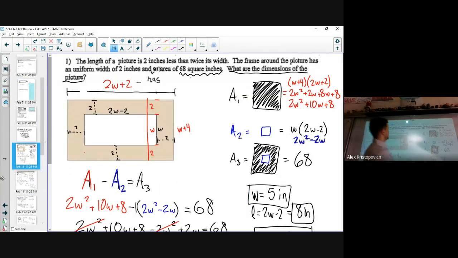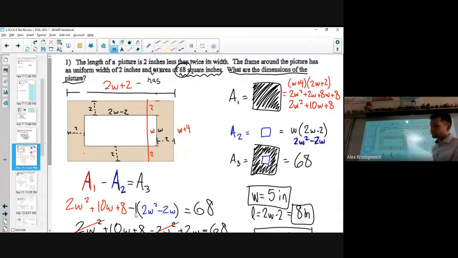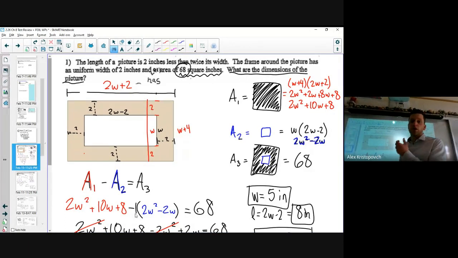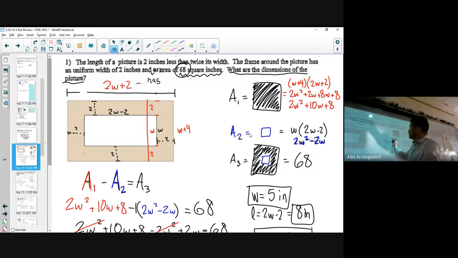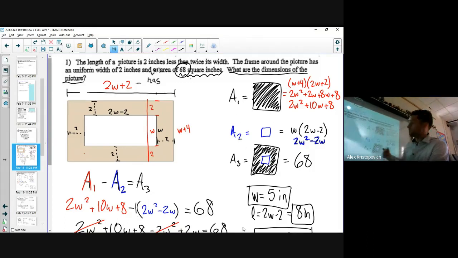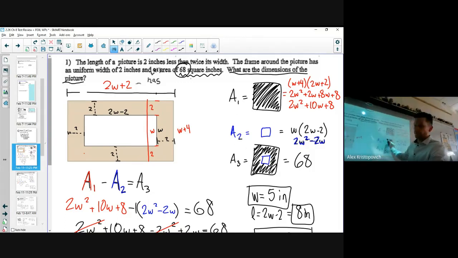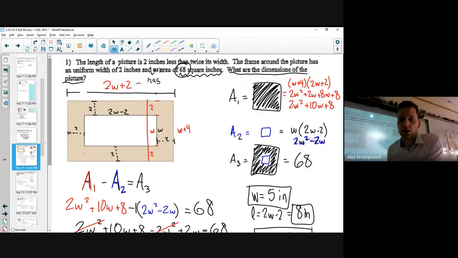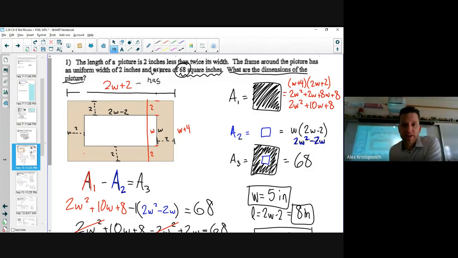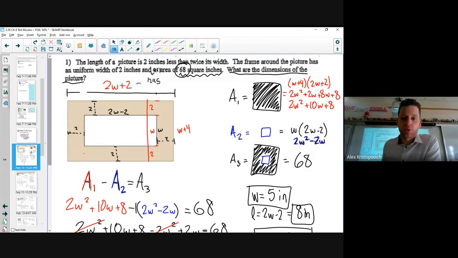Jump back up to the previous one. It was 68 that they gave us. We were able to use that because it told us that was the area of the frame. So we had to do A1 minus A2 is equal to the frame, the donut. So make sure you use the number that they give you to make an equation that makes sense so you can go ahead and solve it.